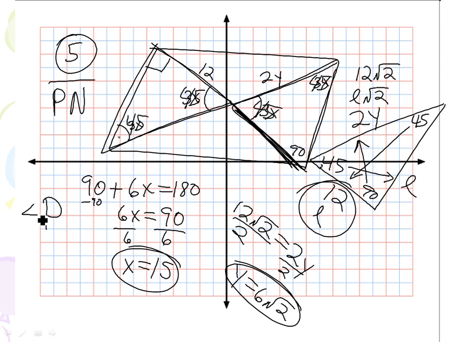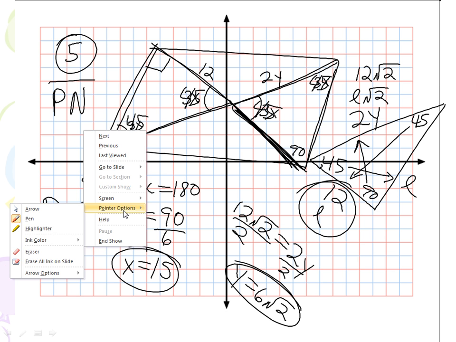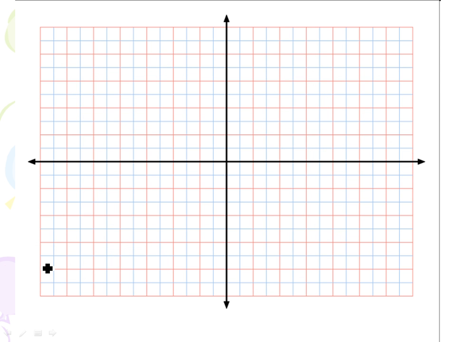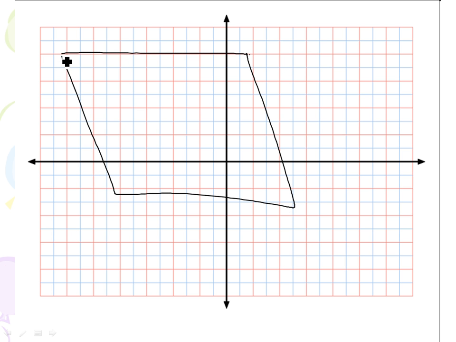Number 6 on the same page. I probably won't do number 6, but what I'll do is just draw the picture and we'll put everything in that we know. This angle's 25, this angle's 30.